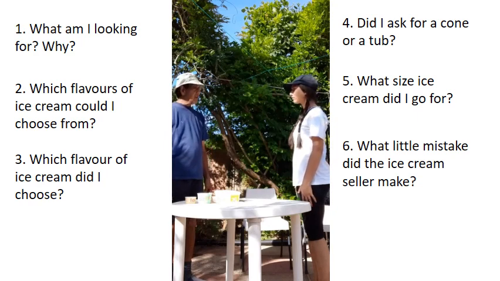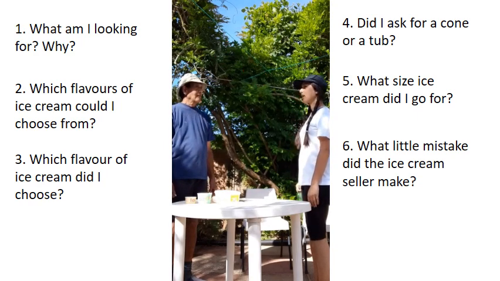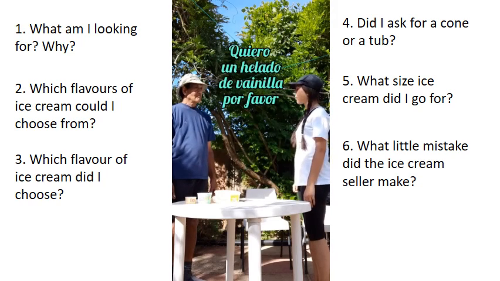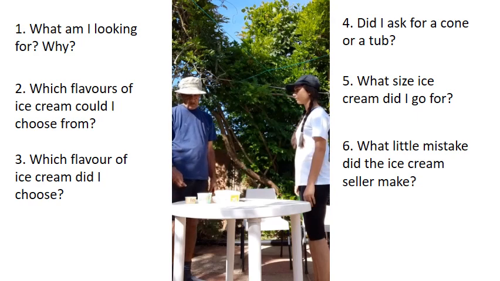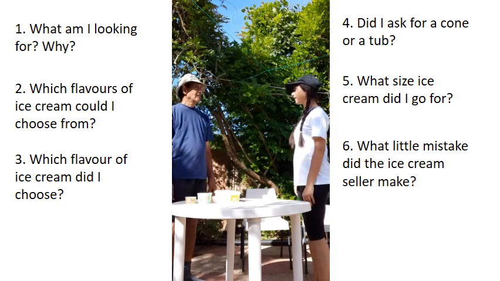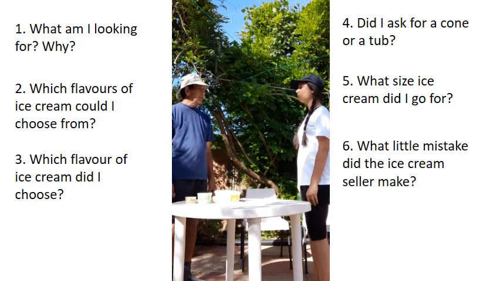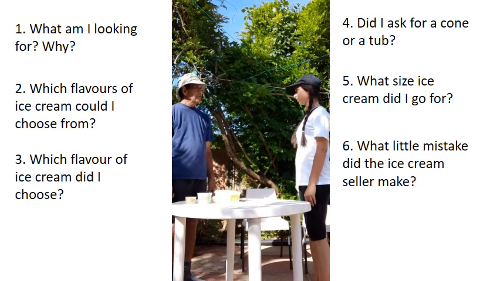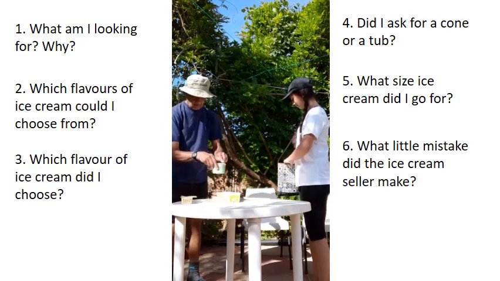Tengo fresas, chocolate o vainilla. Quiero un helado de vainilla, por favor. Un helado de vainilla, ¿cono o tarina? Una tarina, por favor. ¿Tarina pequeña o tarina grande? Una tarina grande, por favor. Sí. Un momento. Muchas gracias.